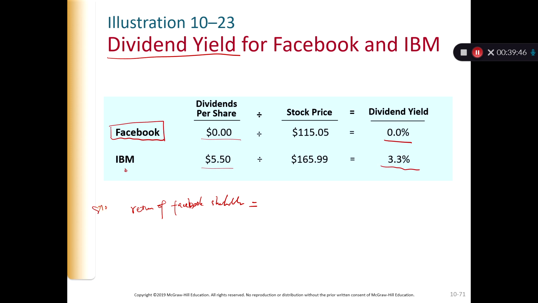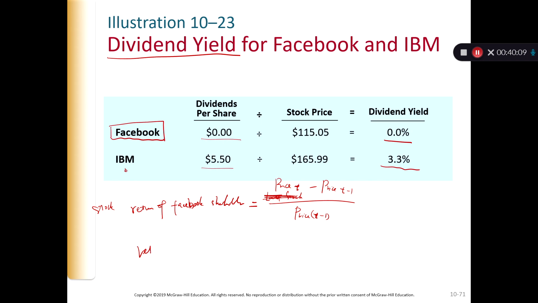the return is the stock return. You just need to use last year's stock price: the price of this year minus the price of last year, divided by the price of last year. T minus 1 means last year, T means this year.